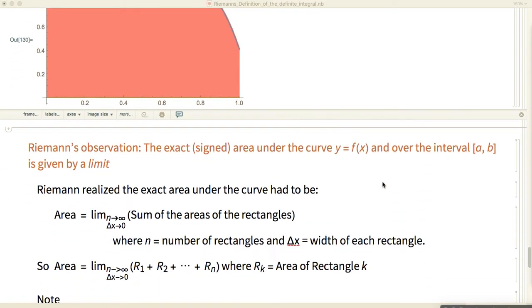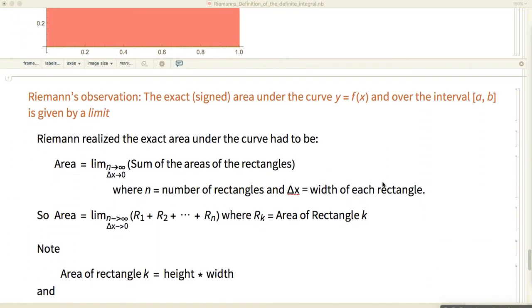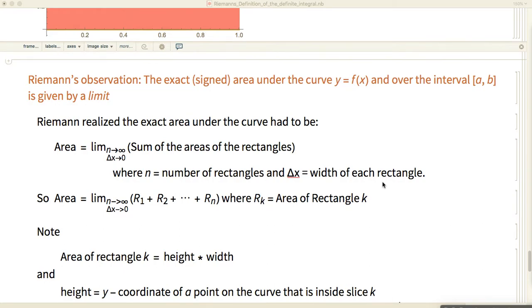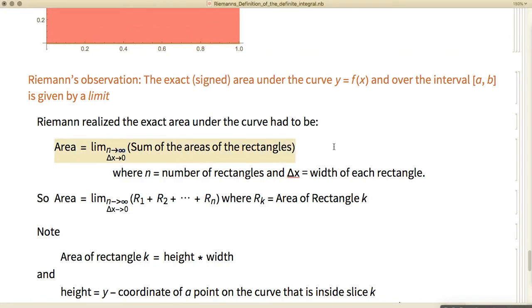Riemann's ideas. Now, Riemann had this brilliant idea. He thought that if you let the number of rectangles get bigger and bigger and bigger, and their widths would have to go to 0, that the area is then going to become that limit.